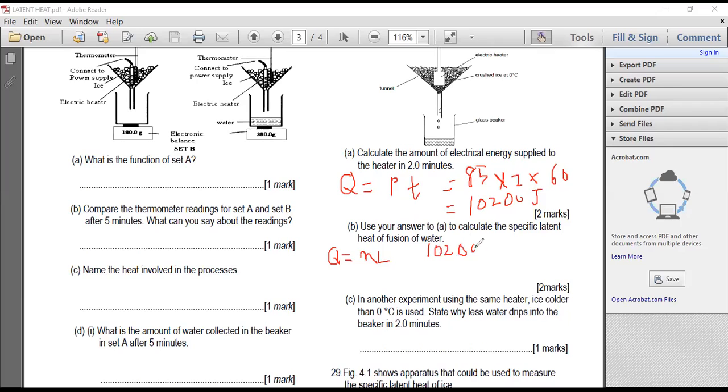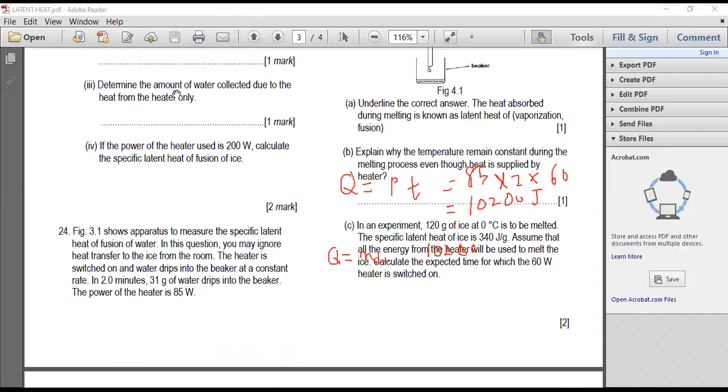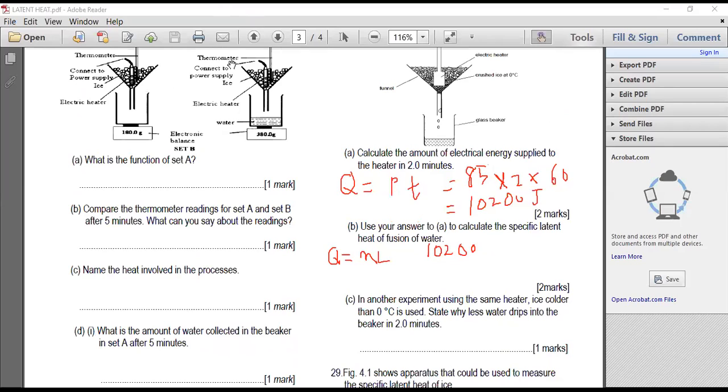So 10,200 equals, convert gram to kilogram, divide by 1000, so 0.031, times L. So L is 329,032 joule kg minus 1.